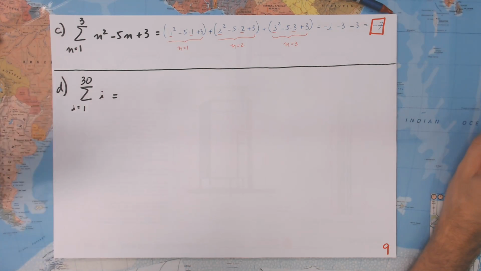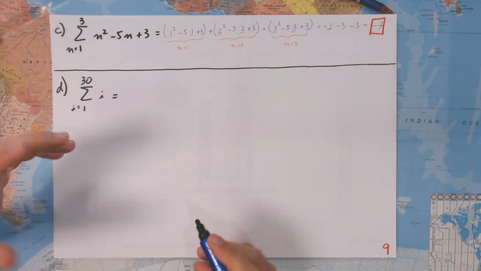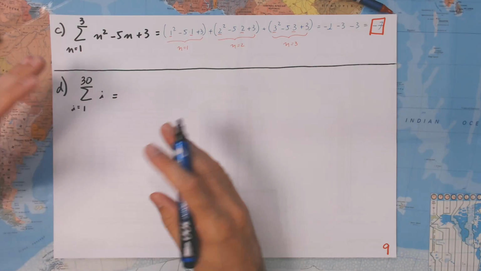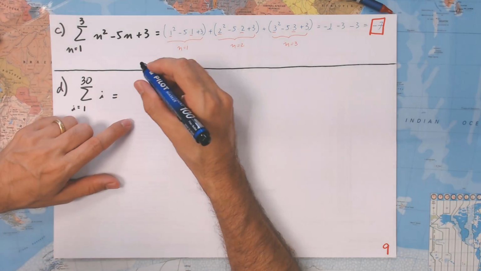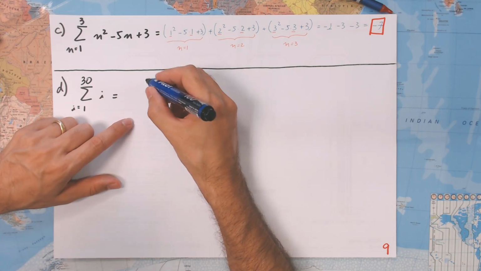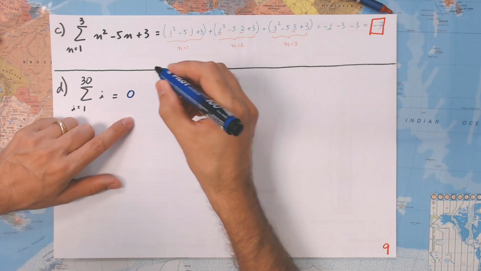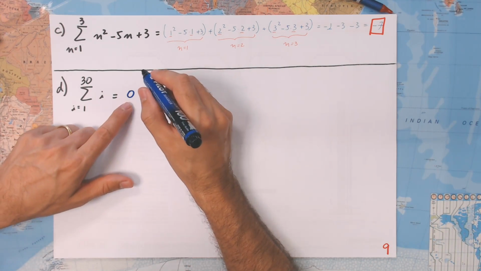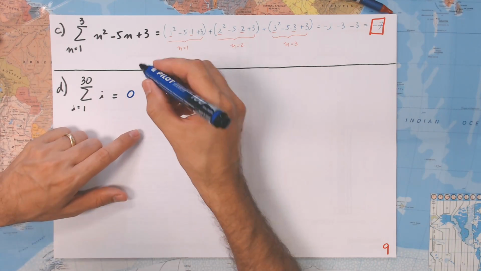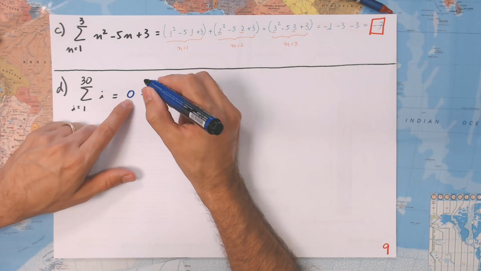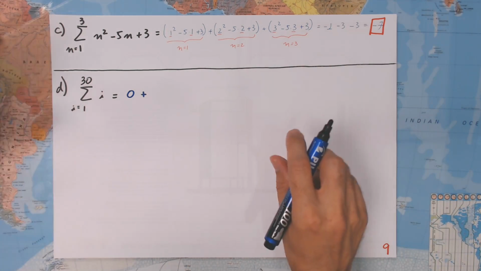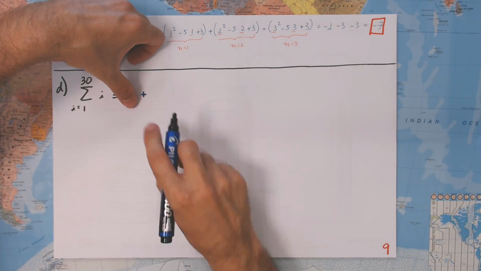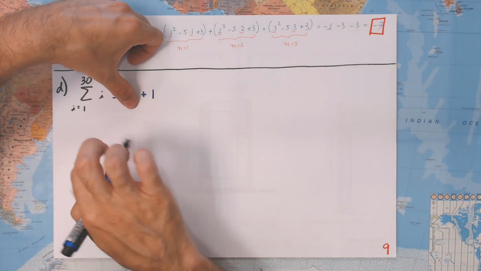I am already going to put the start of the solution, because the solution is easier, but it is how we are going to get there that I am interested in. So this is going to be 0. I'm going to add the 0 here for some other purpose. To add a 0 in our summation is not going to do anything, but the summation actually starts with 1, not 0.